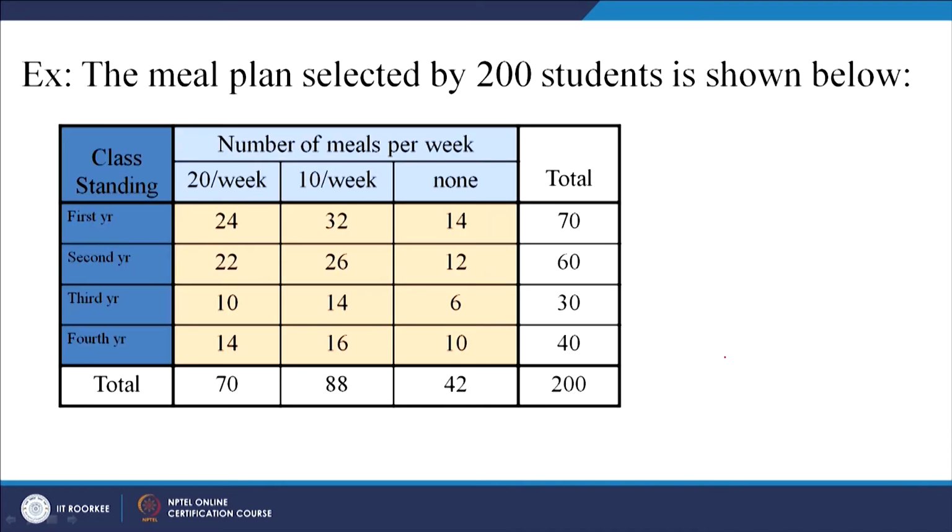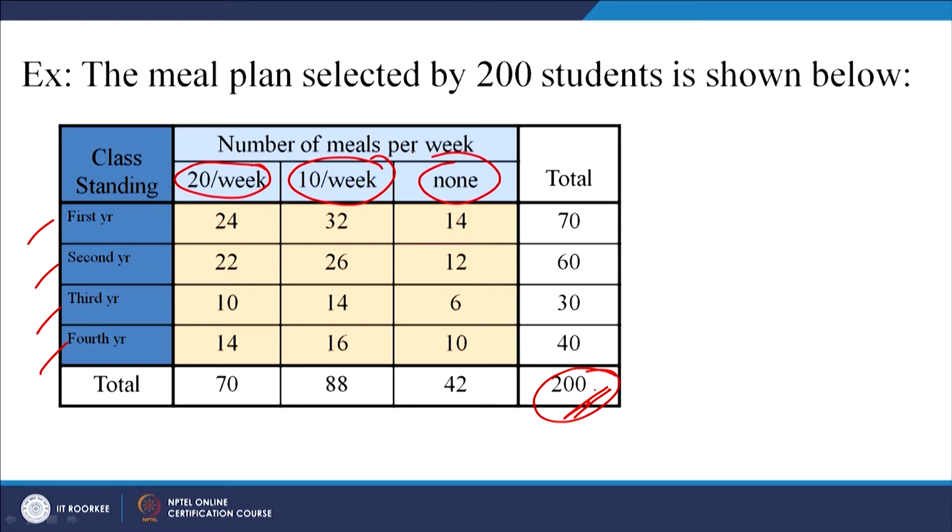So, let us look at this question. The meal plan selected by 200 students in an institute is shown in this table. So, these are total 200 students, right. So, the class standing can be first year, second year, third year and final year, or fourth year. The number of meals per week, the options available are 20 meals per week, 10 meals per week and none per week.